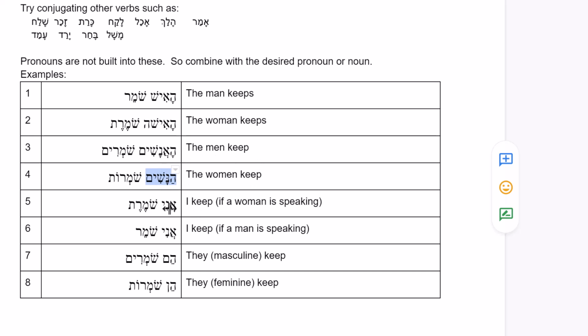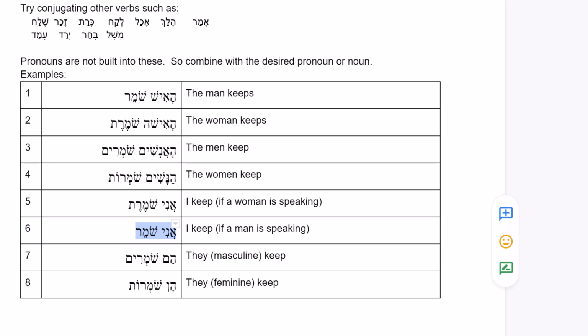Okay, the fifth one here, ani shomeret. So we know it's a feminine verb, so therefore this would only make sense if it was a woman who was talking. She says, I keep, ani shomeret. If it's a man doing the speaking, he would say, ani shomer, I keep. Here we don't have the pronouns built into the verbs like we did in the perfect tense.